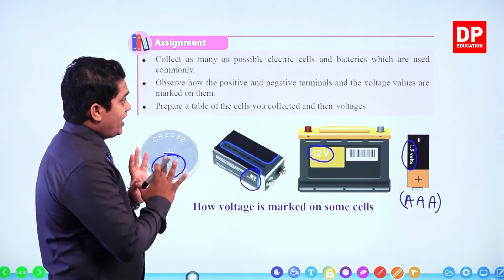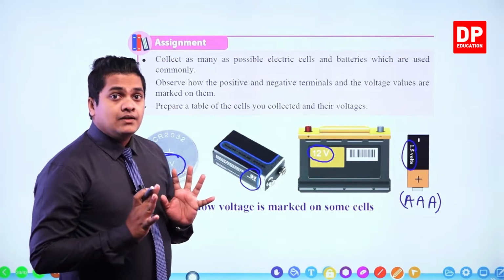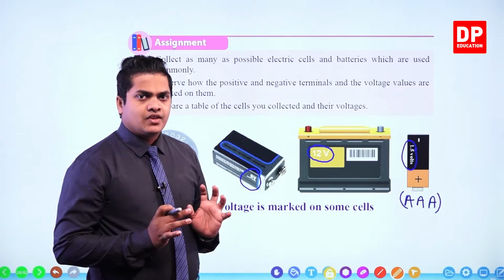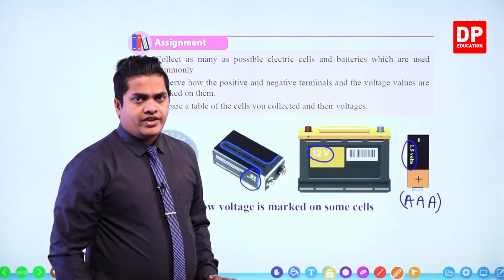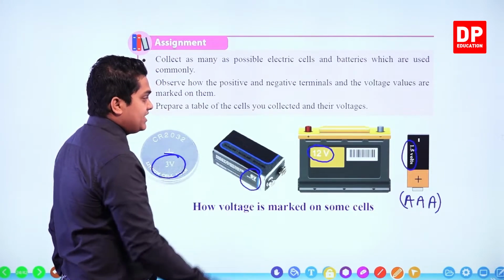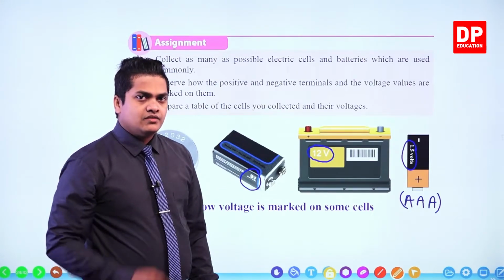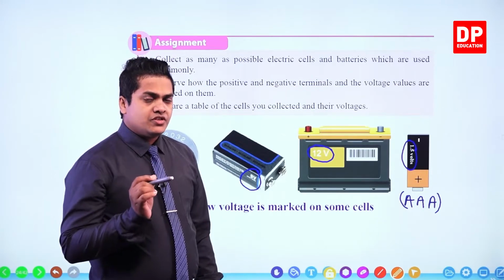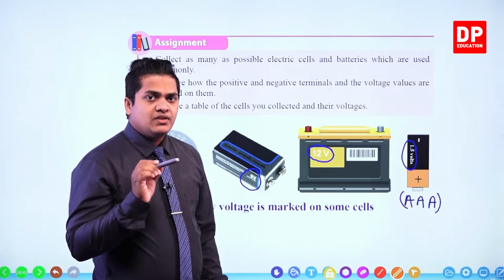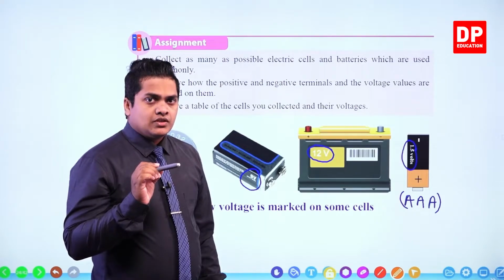So my dear children, you have to remember to do this assignment at home, right? Find different cells and record their voltage. Usually the voltage is printed using capital V, like in the ammeter, right? When we measure current, capital A is mentioned in an ammeter.